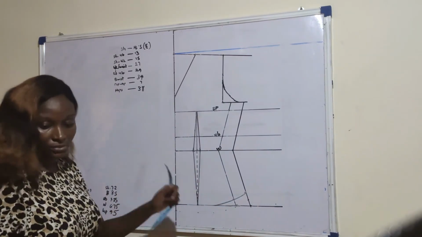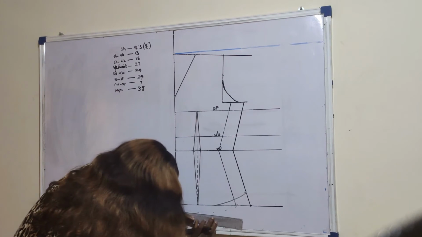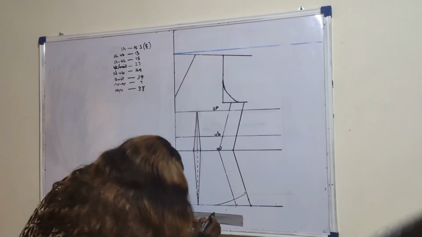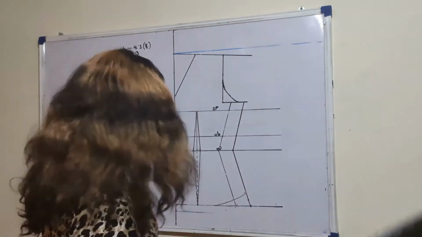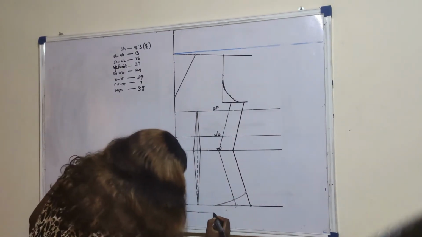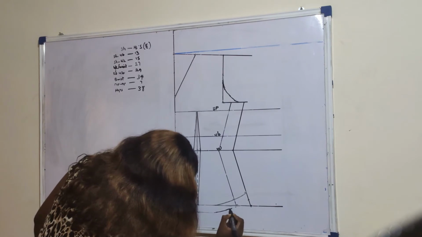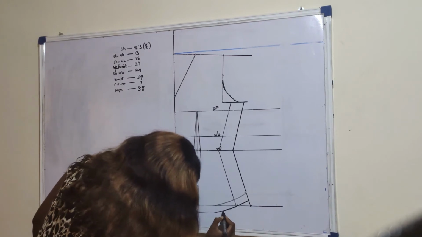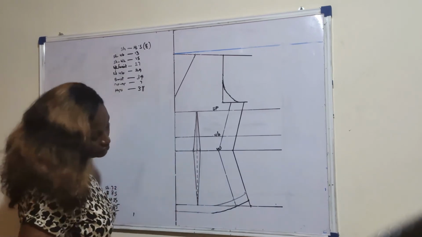You connect. Like I said, you can use free hand or you can use your curve rule. Just like so.